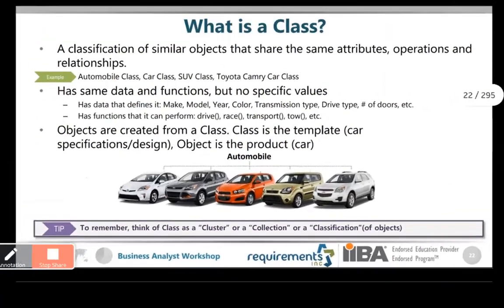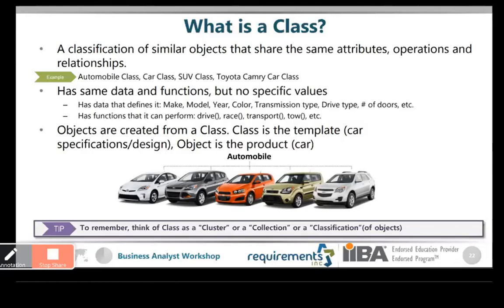Each of those layers is a specific kind of the previous layer. So let's go: automobile, car, four-door car, and then Toyota Camry car.